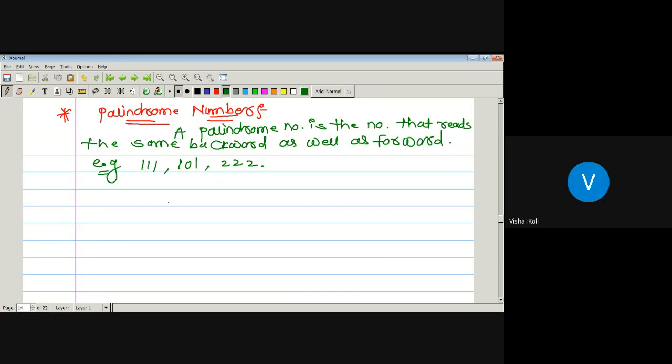Now next one is the relatively prime number, and we have already seen what a relatively prime number is. Just note down the definition.